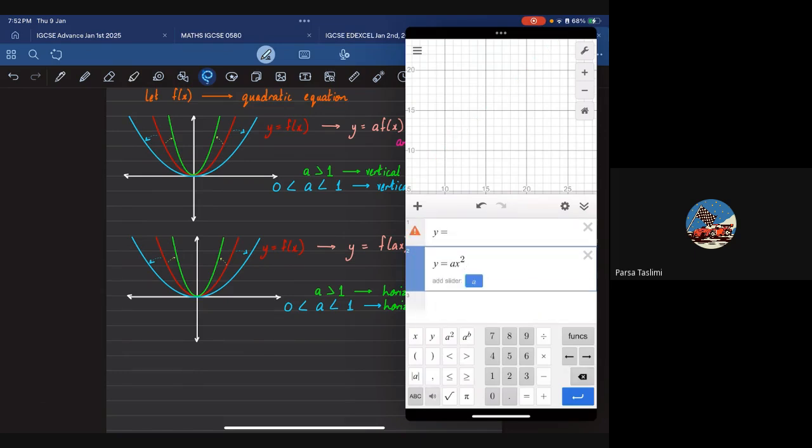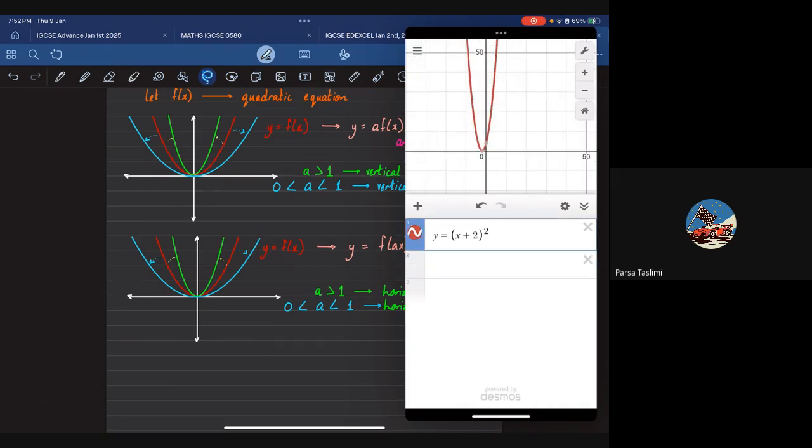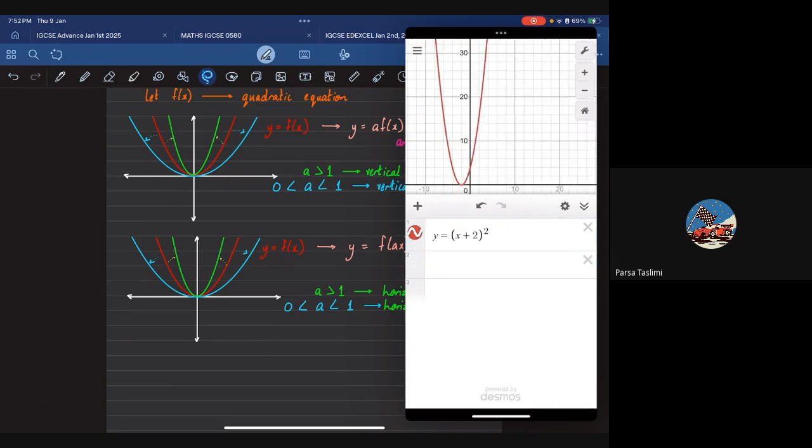Now let's see what happens over here. I'm afraid I'm going to have to change the values as well. So y is equal to, I need to make up something. Let's just say x plus 2 whole squared was happening. This is the equation of the graph, guys.